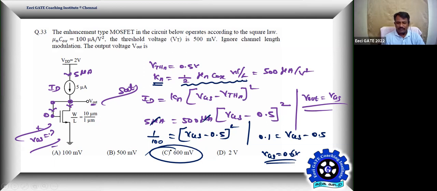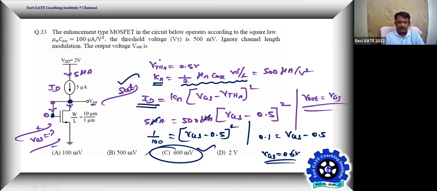So once you know the fundamentals, even the GATE problems are going to be very easy. GATE is not tough, believe me. Only if you don't have the fundamentals to connect, you will feel it is tough. If you have the fundamentals to connect, then it is going to be easy. So what fundamentals were exploited? Since the gate and drain terminals are shorted, the NMOS is always in saturation. Then happily we can use that equation.